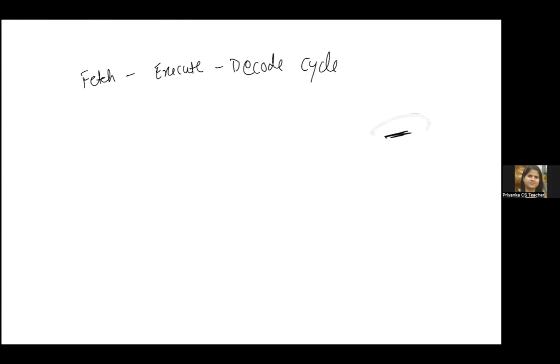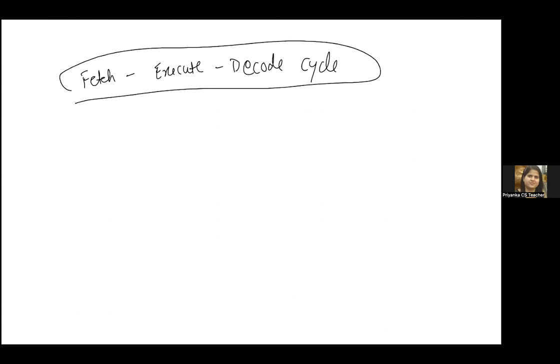But this process is divided into three parts: fetch, decode, and execute. What is fetch? This is the first stage of the cycle, where the instruction is fetched into the CPU. Decode is the second stage. So I should write decode here: fetch, decode, and then execute.